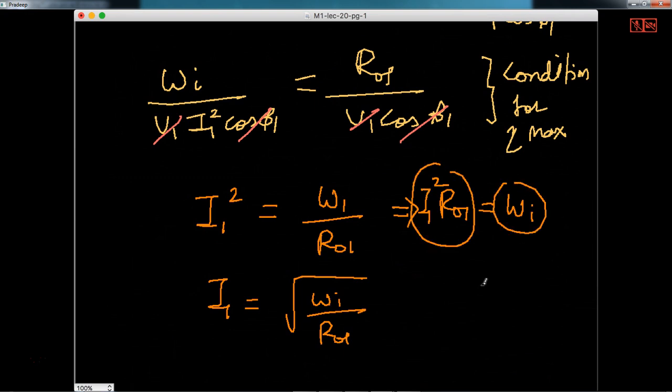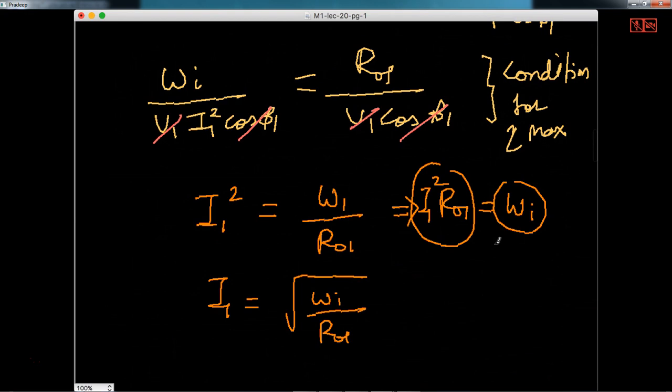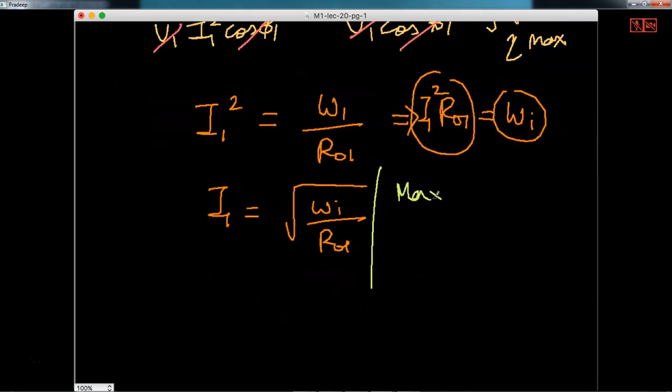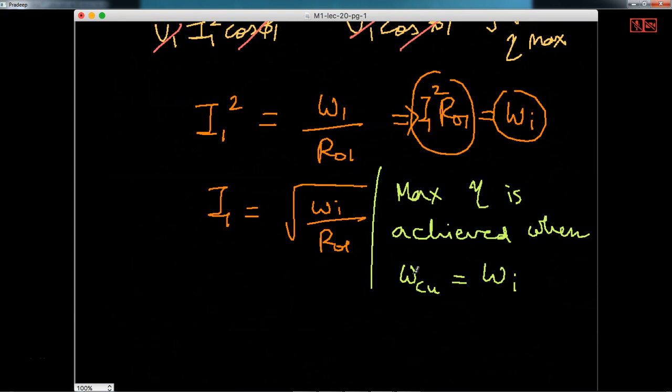So maximum efficiency is achieved when copper loss equals iron loss. So this is a very important observation. For that value of I1 where the copper loss and iron loss are equal, we achieve the maximum efficiency.